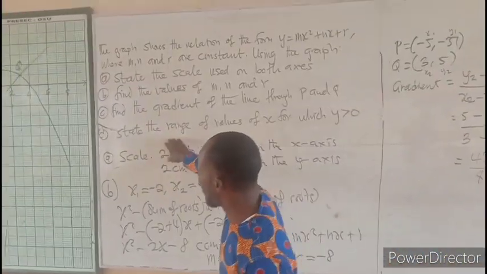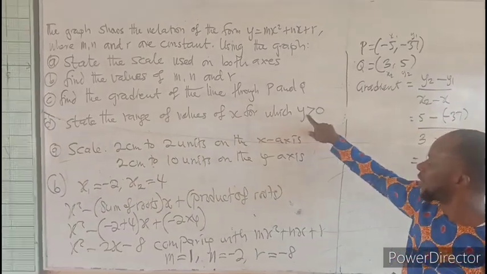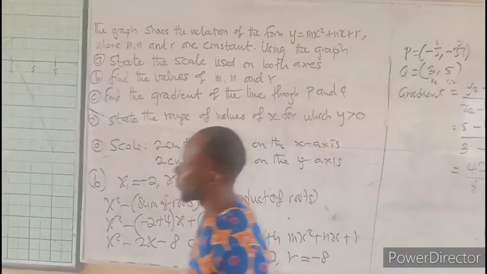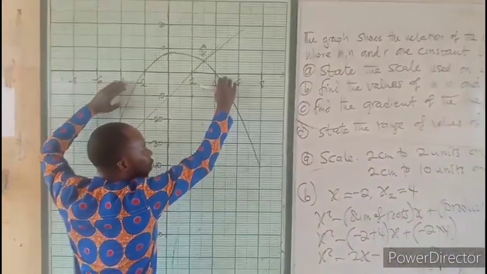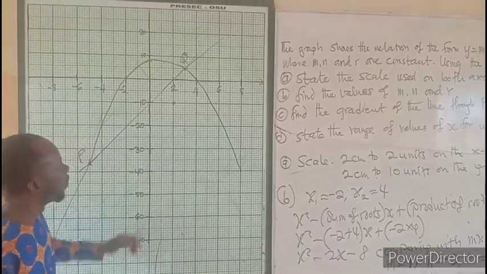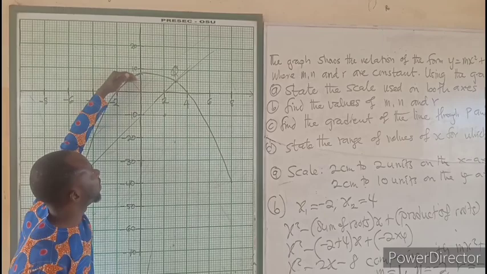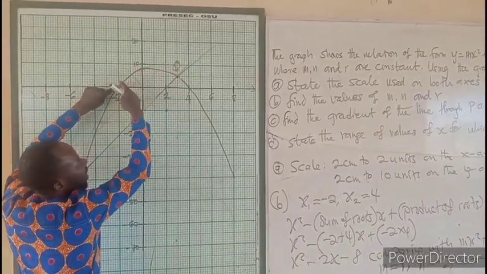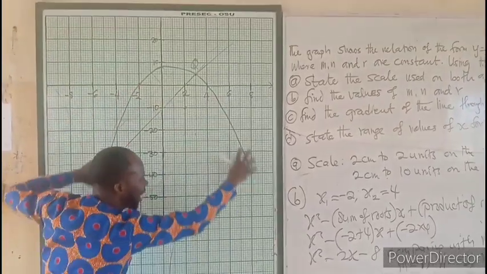The next aspect is to state the range of values of x for which y is greater than 0. Meaning, you go to the graph, you check, if I use the x-axis as a barrier, all the values down are negative for y. All the values up are positive for y. So from here to here, this curve is the only positive y values. These are the negative y values.